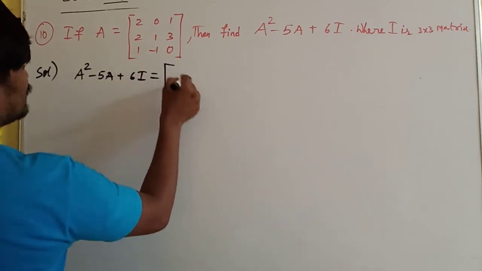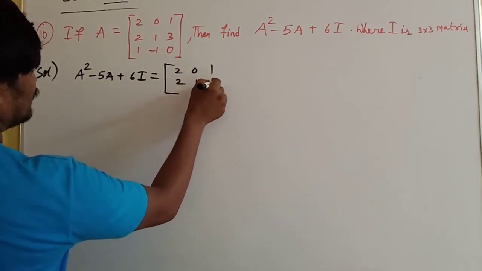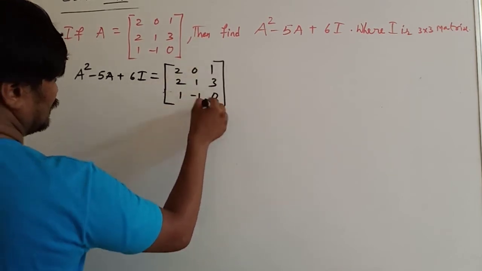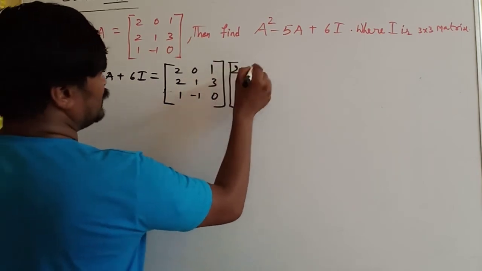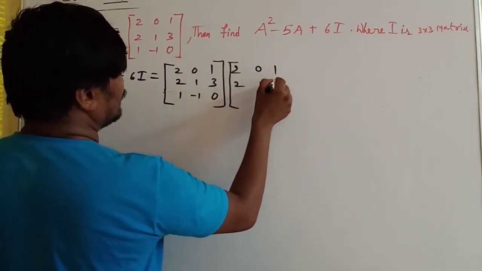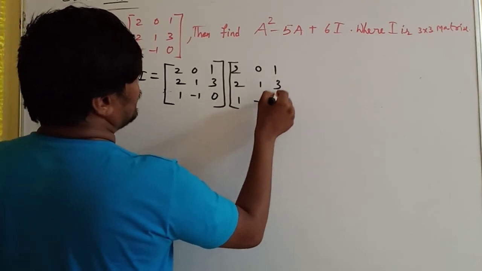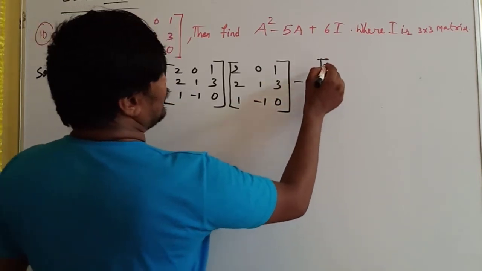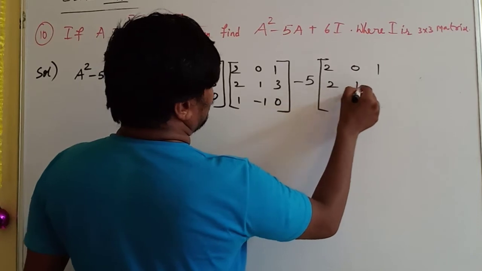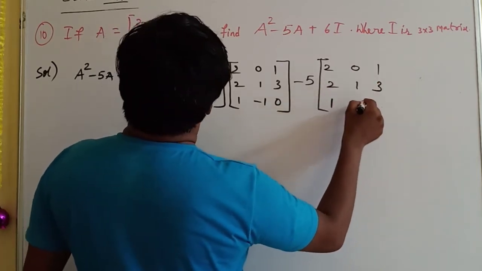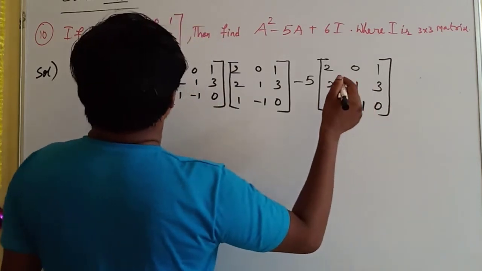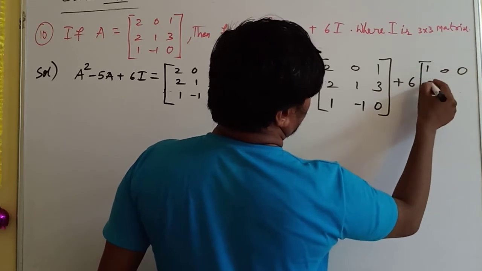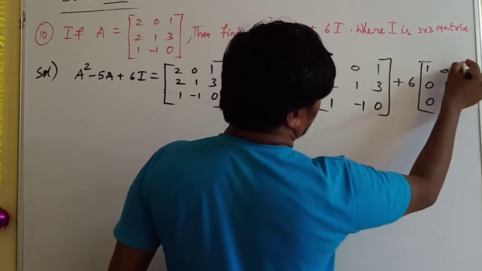So A square means 2 0 1 2 1 3 1 minus 1 0, times again A, 2 0 1 2 1 3 1 minus 1 0, then minus 5 into A, again A, 2 0 1 2 1 3 1 minus 1 0, plus 6I. 6 into I is nothing but 1 0 0 0 1 0 0 0 1.